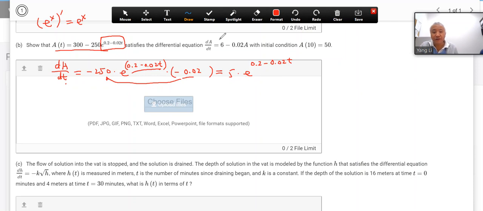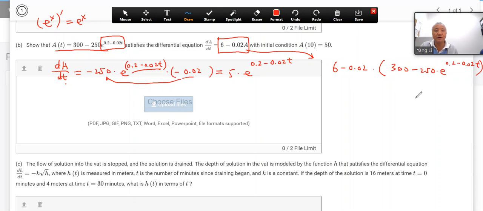And then let's look at the other side. The right side will be 6 minus 0.02 times A, where A is 300 minus 250 times e to the 0.2 minus 0.02t.